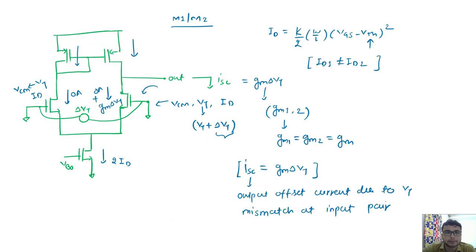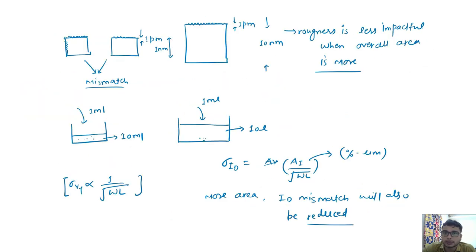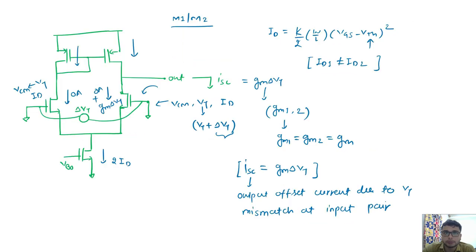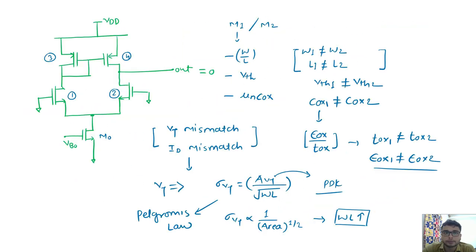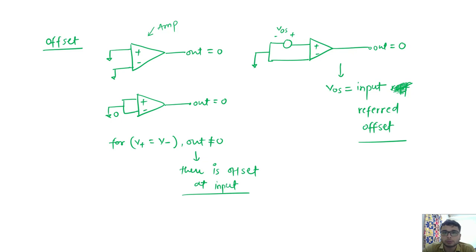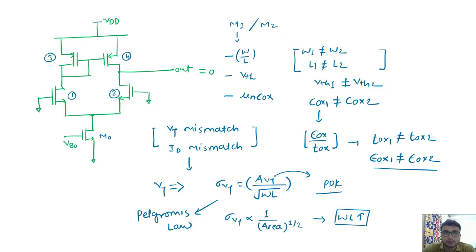We saw that if the inputs are shorted, there is an output. To identify why this output is there, we went to the structure of this OTA. In this 5-transistor OTA, we saw who is responsible for this offset, and we found that the input pair and current mirror are responsible. And these are the possible mismatches.